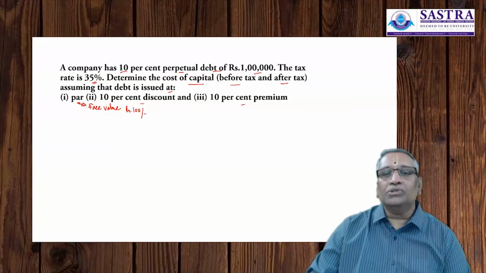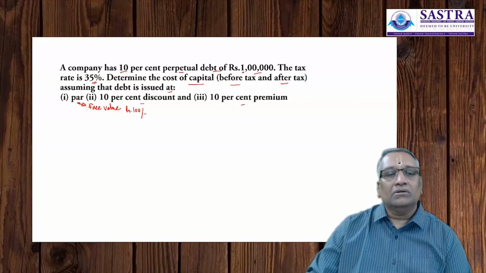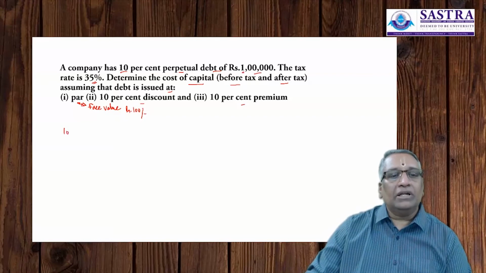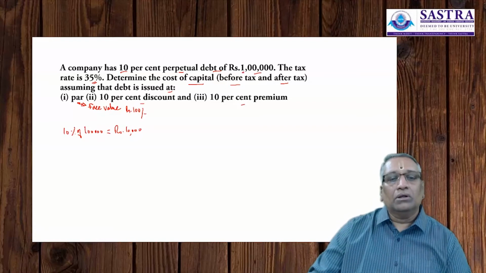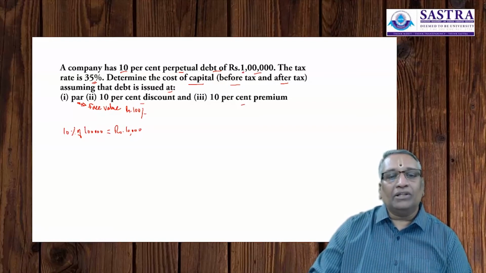Or we can calculate using the total amount itself. The company is planning to raise rupees 1 lakh at 10%, so 10% of 1 lakh will be rupees 10,000. That means for an annual interest commitment of 10,000, you have raised rupees 1 lakh. So this 10,000 is your annual interest payment.